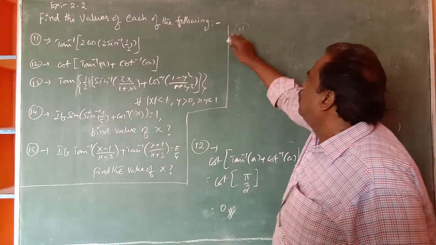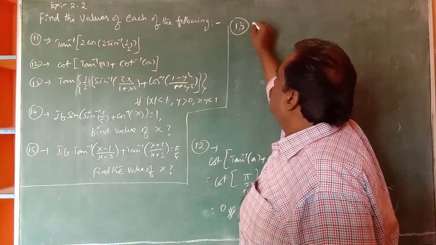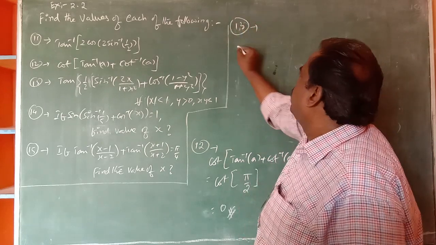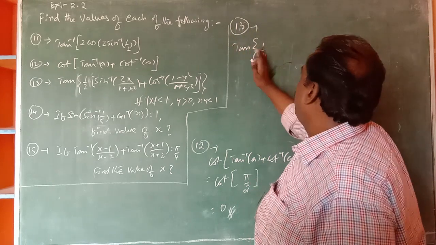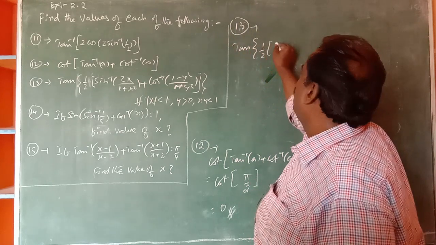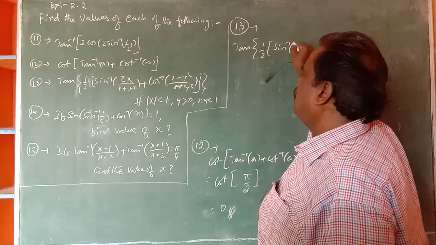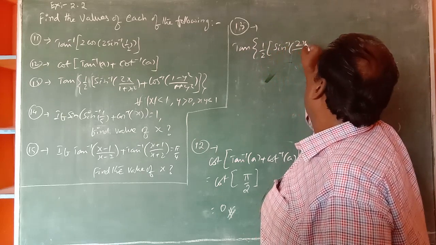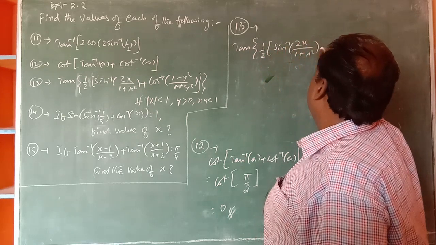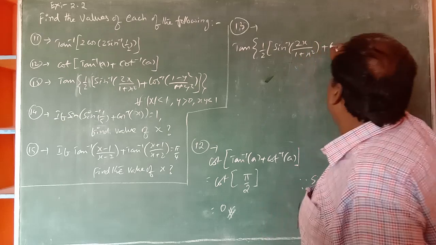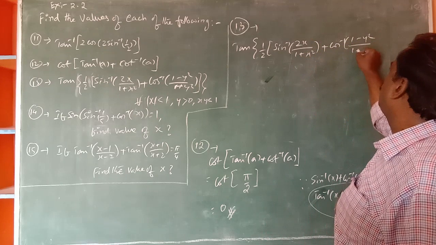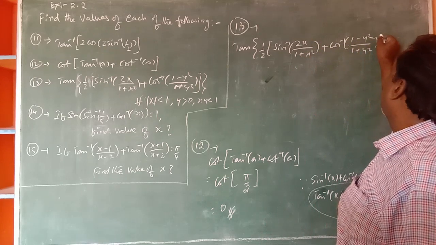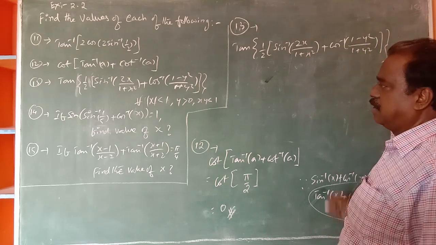You see, 13. It is tan of 1 by 2 into sine inverse 2x by 1 plus x square plus cos inverse 1 minus y square by 1 plus y square.